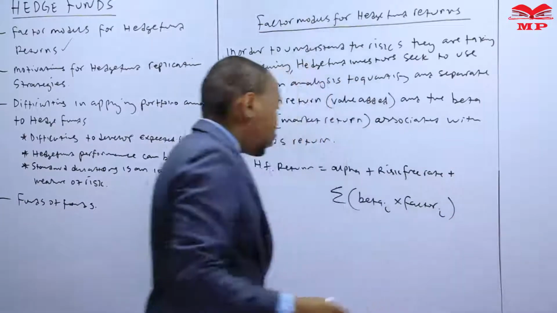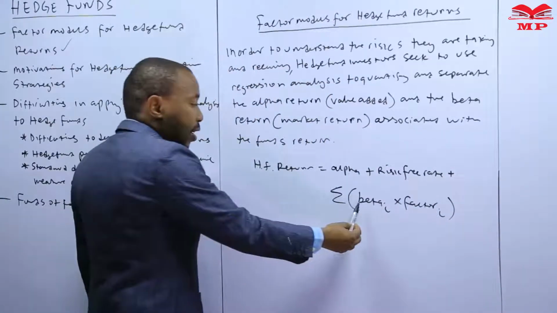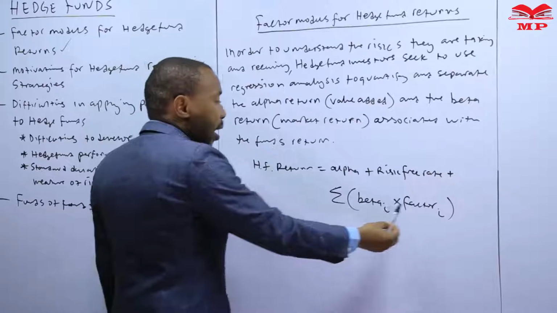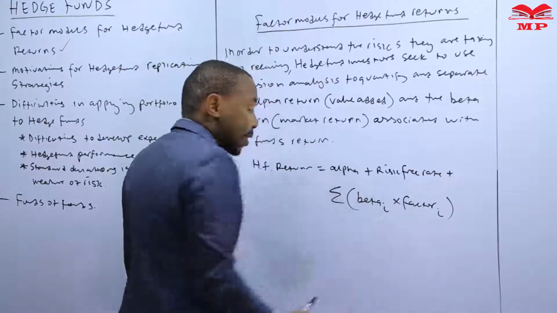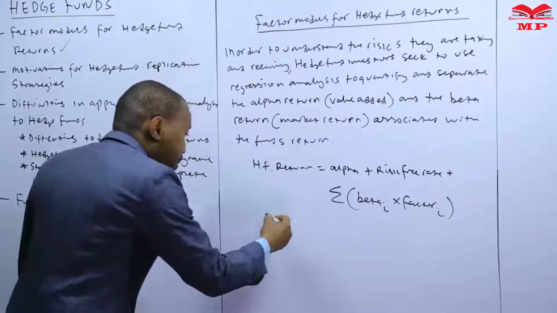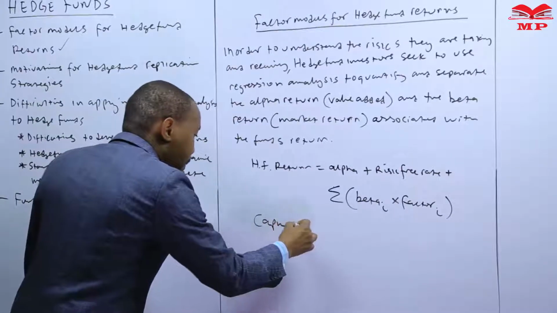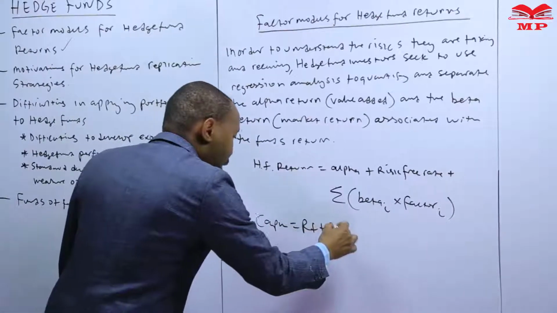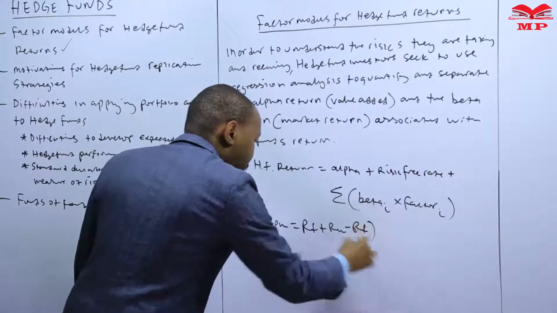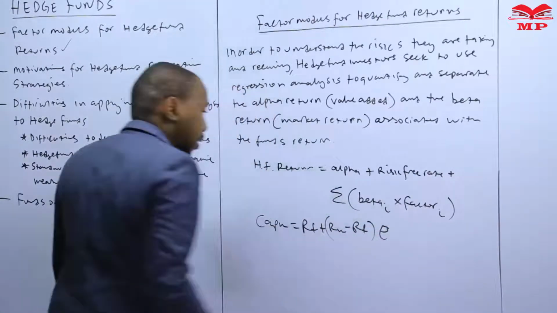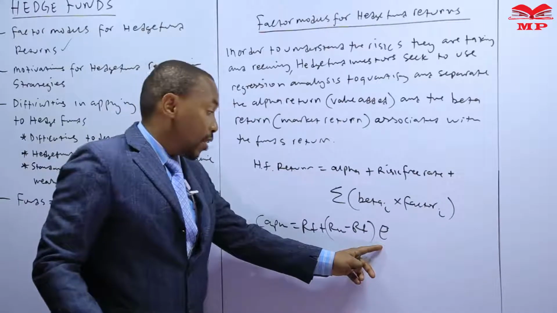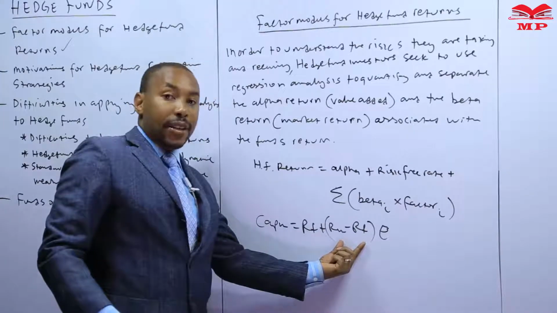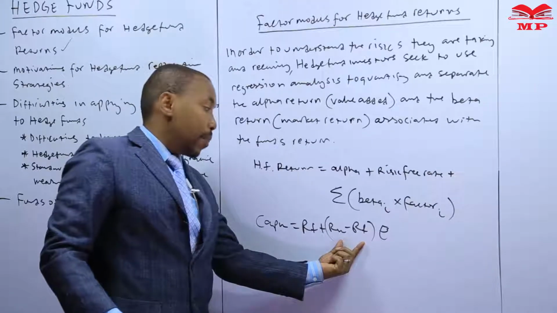This is the factor sensitivity, and this is the factor itself. For example, we can have the CAPM formula like that: RF plus (RM minus RF) times beta. This beta represents the factor sensitivity, and this is the factor itself, or the equity risk premium.